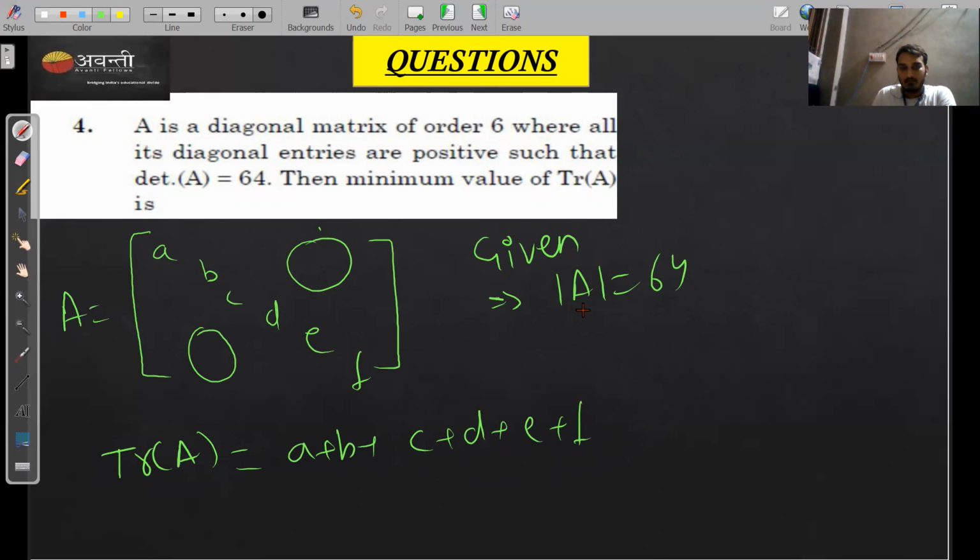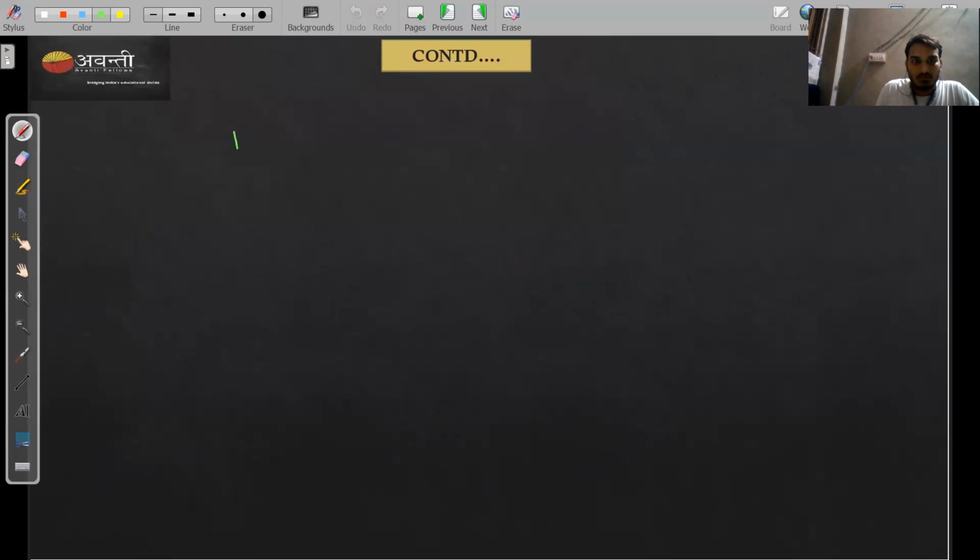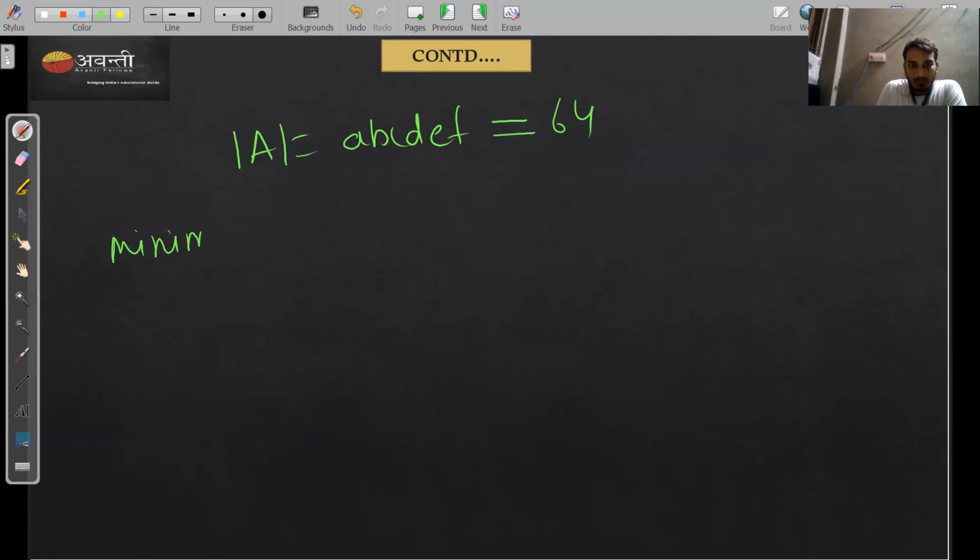And the determinant of A is a b c d e f, because the product of the diagonal elements is the determinant, and it is given as 64. I have to find the minimum value of a plus b plus c plus d plus e plus f.